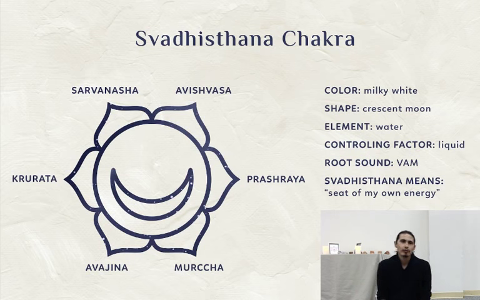And why don't we go ahead and try to connect with our Svadhisthana Chakra right now by closing the eyes. Take your 5 fingers and put them underneath your belly.